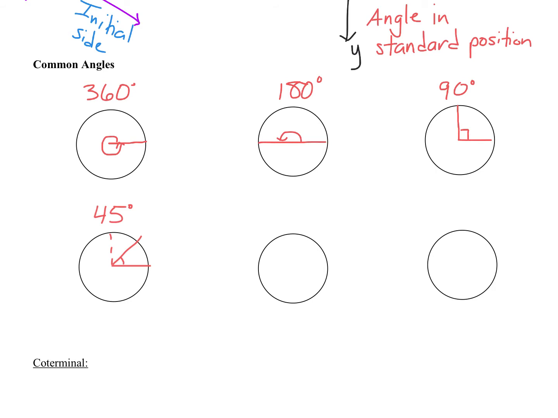And I should have done 60 next, I just realized. But in my mind, 60 is a little bit harder to draw, because what we're going to do is divide it into thirds, right? So this is 60 degrees.